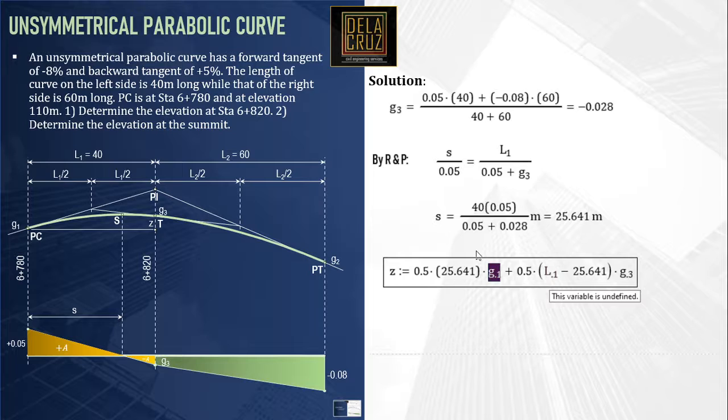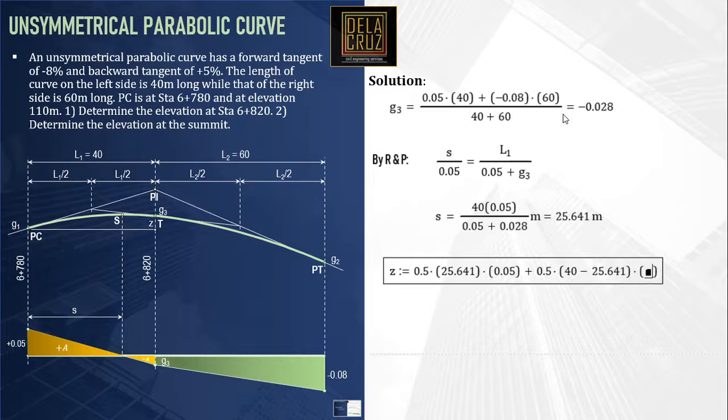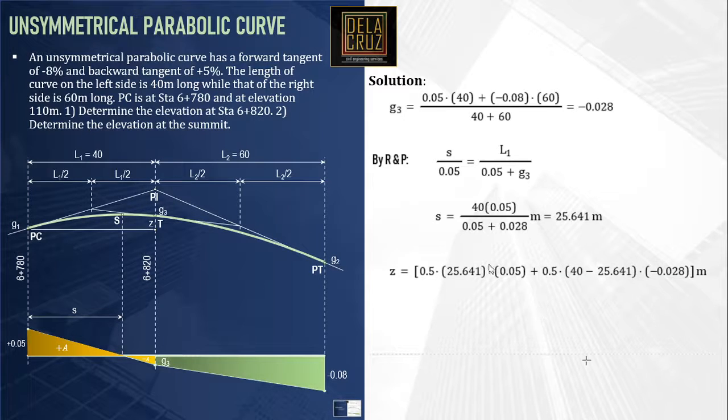The value of G1 is positive 0.05, the value of L1 is 40, and the value of G3 is negative 0.028. We need to consider this negative sign because it tells us that this whole area is negative. The grade indicates if the area is negative. The unit must be in meters. Therefore, the value of Z is equal to 0.44 meters.